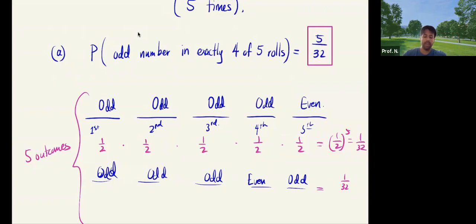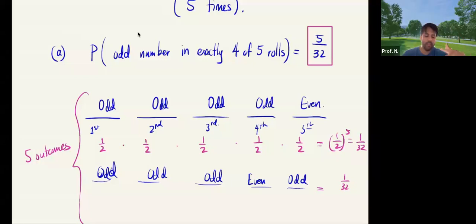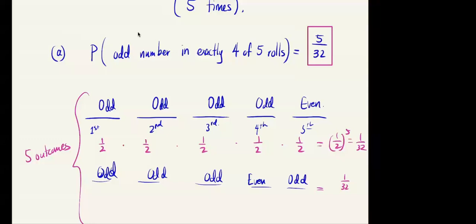But you're telling me you're going to find that by finding the ways of getting 4 odd numbers and then subtracting from that the ways I can get 5 odd numbers, so that I have only exactly 4. I feel like you're trying to find something based upon what you're trying to find.